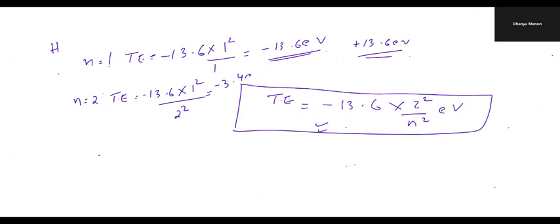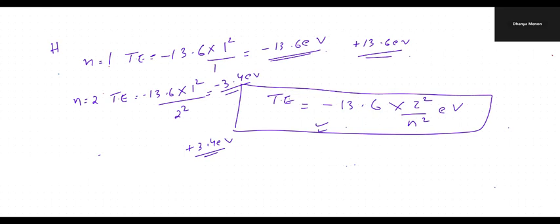So if this electron is given an energy of plus 3.4 eV, it can be removed. So students, for the second shell, if the electron is given an energy equal to plus 3.4 eV, the electron can be removed.